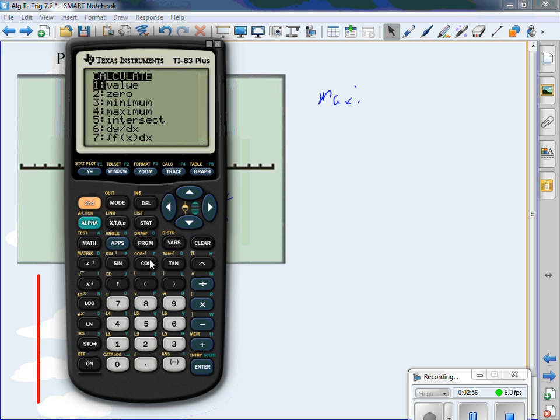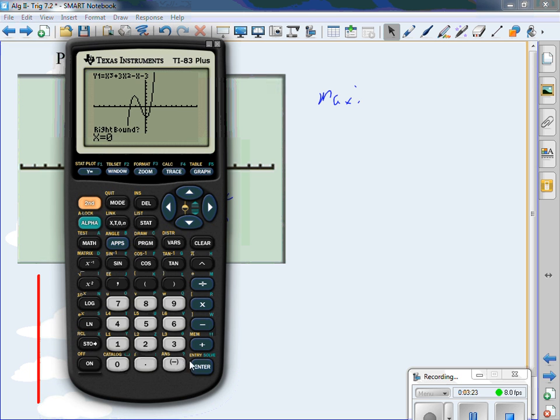I'm trying to find the maximum, so I hit 4. Now it's saying left bound. I know the vertex is right about here, which is right about -2. So give me a number to the left of -2. -4. Give me one that's to the right of it.